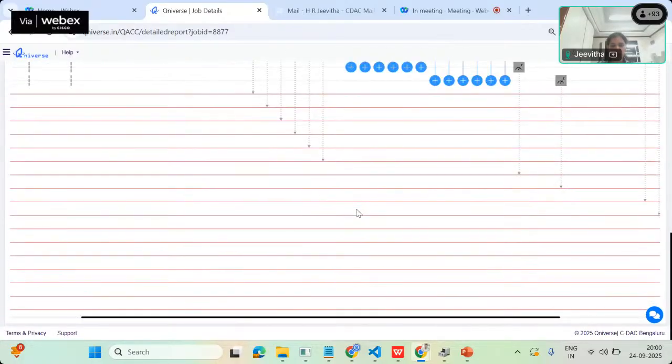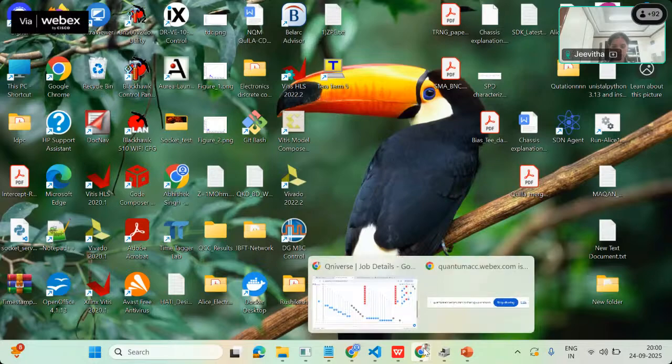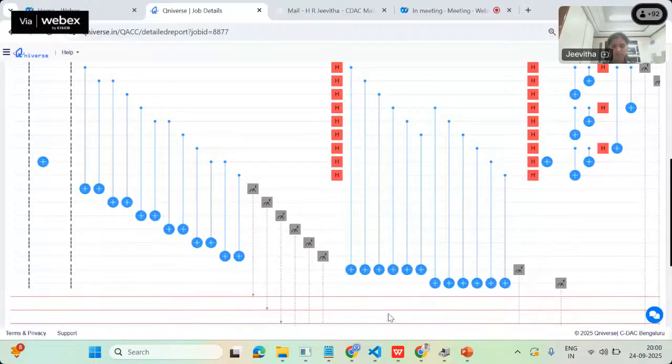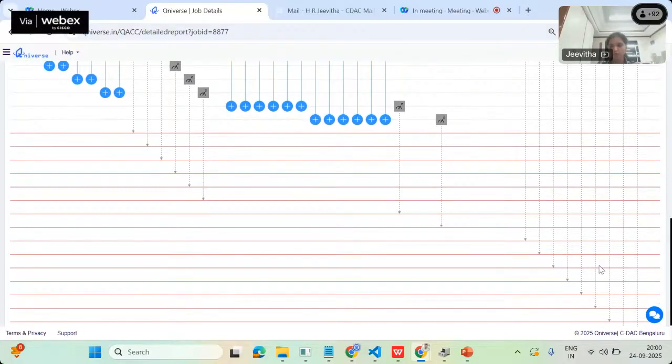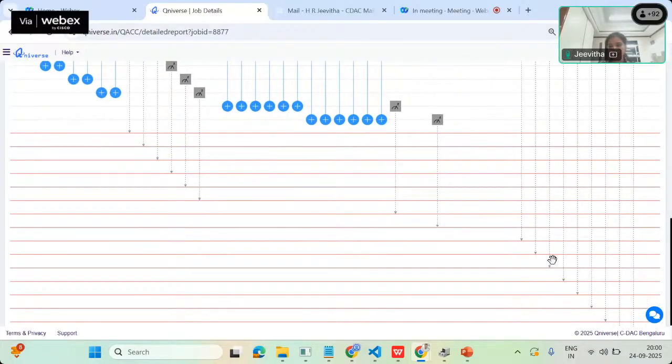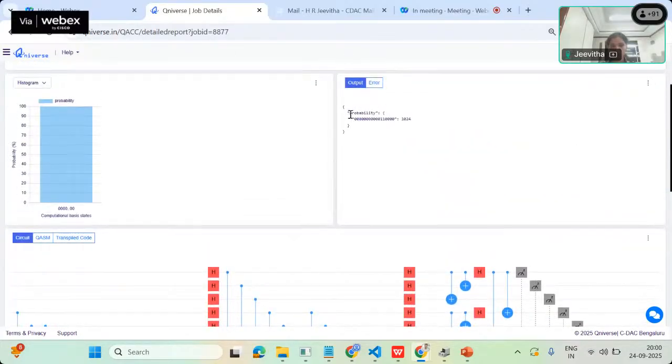When I have to explain it, first I've measured the logical qubits, my 9 logical qubits. The first 9 represent my logical qubits, which are 0.